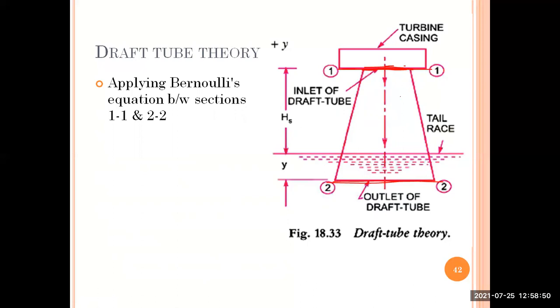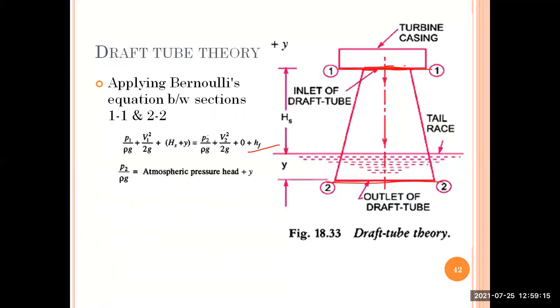If you apply Bernoulli's equation here at section 1 and section 2, you will get P1 by rho g plus V1 squared by 2g plus H plus Y is equal to P2 by rho g plus V2 squared by 2g, plus there is no datum head at section 2, plus head loss. There is a head loss from section 1 to section 2, denoted as HF.